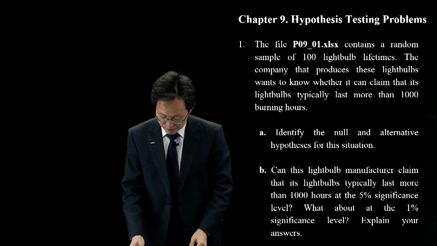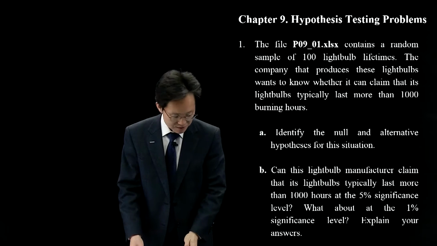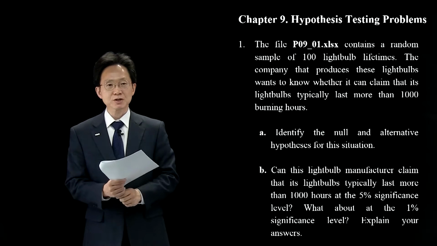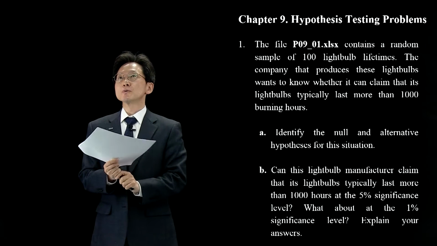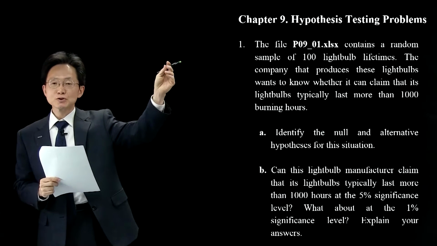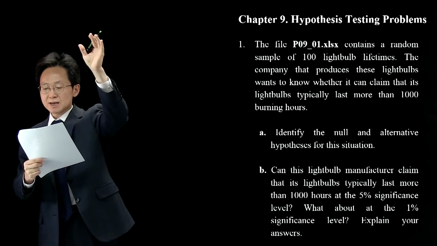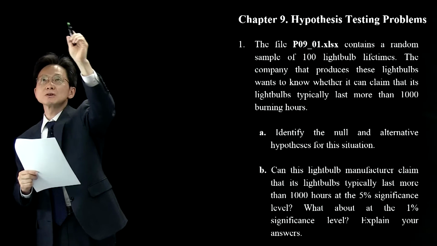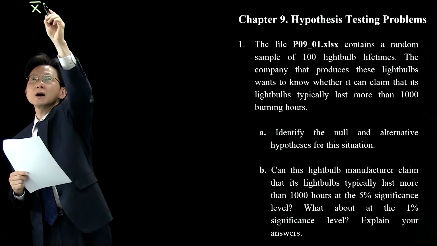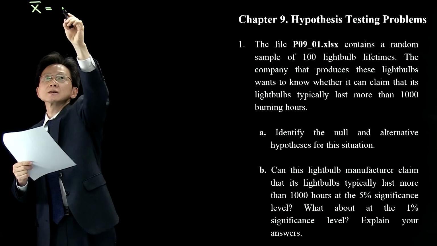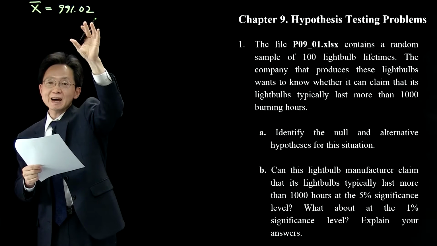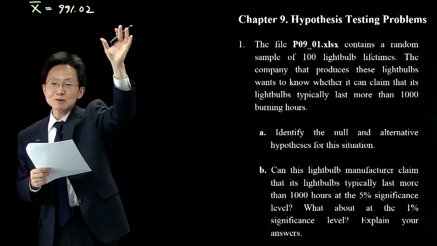And then let me just write down this sample mean and sample standard deviation. If you use your Excel tools and get this sample mean and sample standard deviation, we will get X bar is 991.02. But actually, that's exactly the example we used, right?